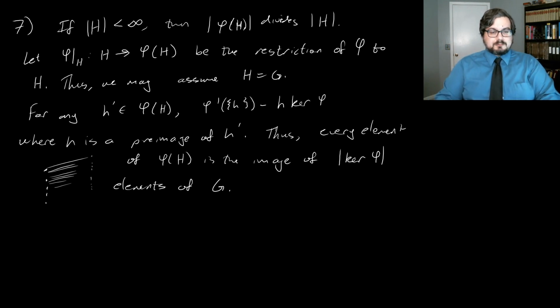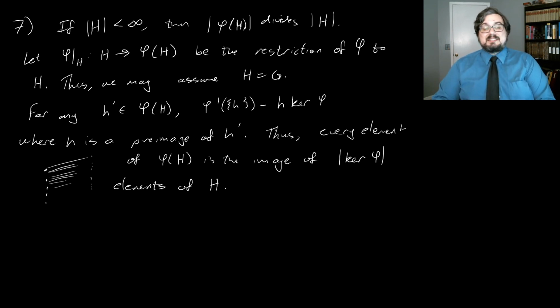So, going through here, all this goes exactly the same, except that we actually can write that every element of phi of H is the image of this many elements of H, because now H is the whole group.